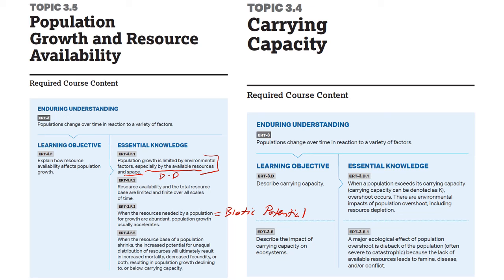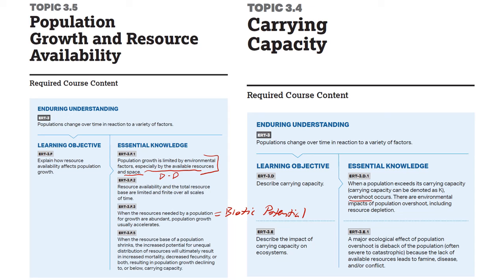So when our resources are not plentiful, when our resources shrink and there's not enough to go around, competition is going to increase, disease is going to increase, there's going to be increased mortality, decreased fecundity, and populations are going to decrease. Okay, then we move over to carrying capacity. When a population exceeds its carrying capacity, that is overshoot. There are environmental impacts of overshoot, including resource depletion.